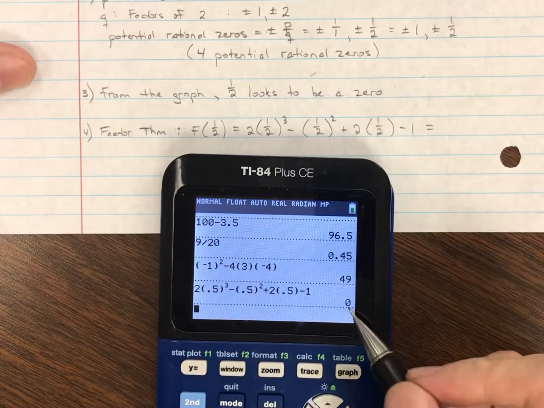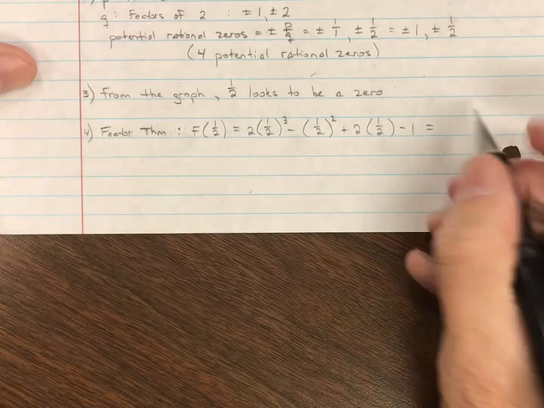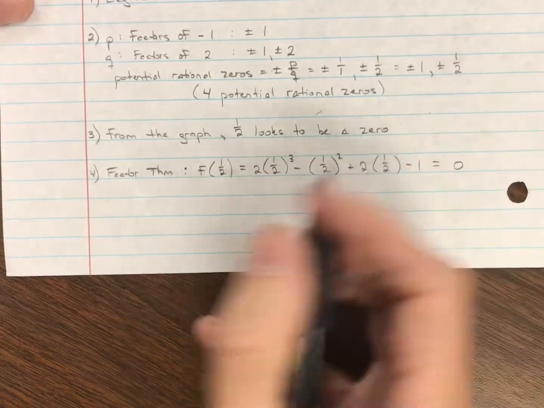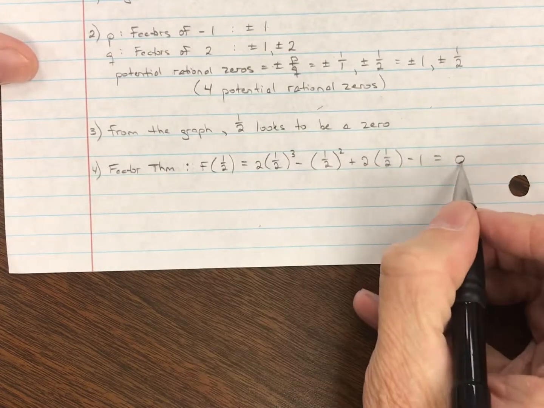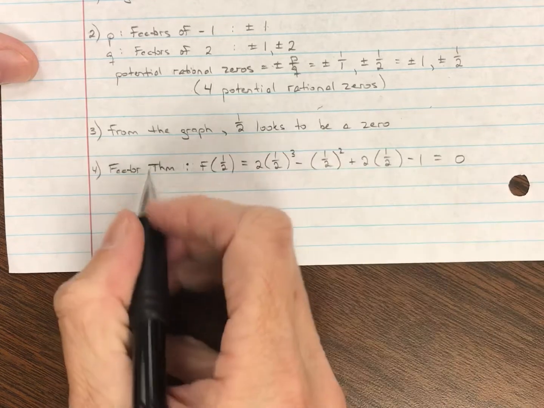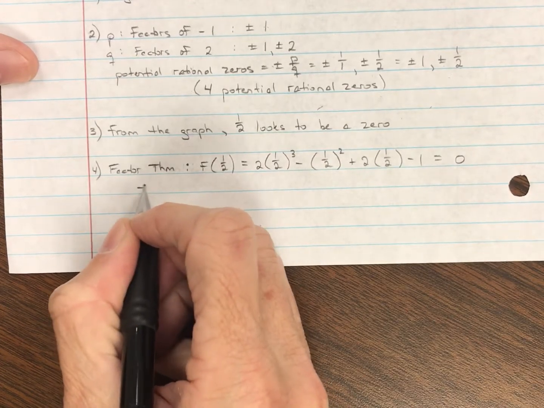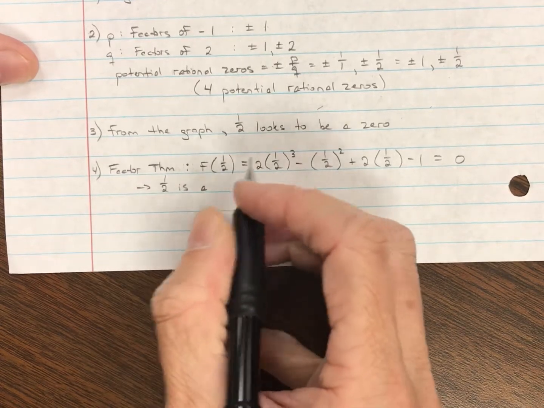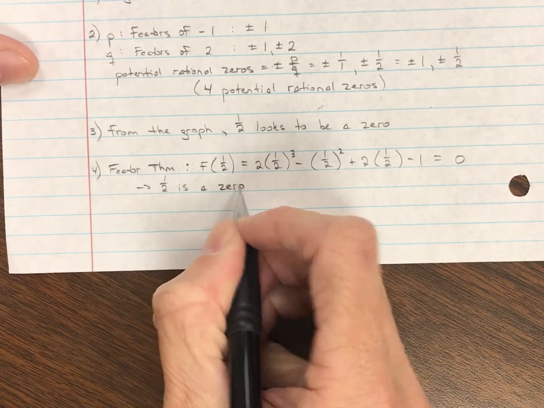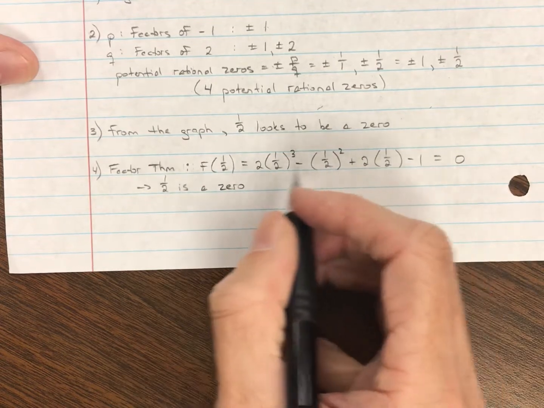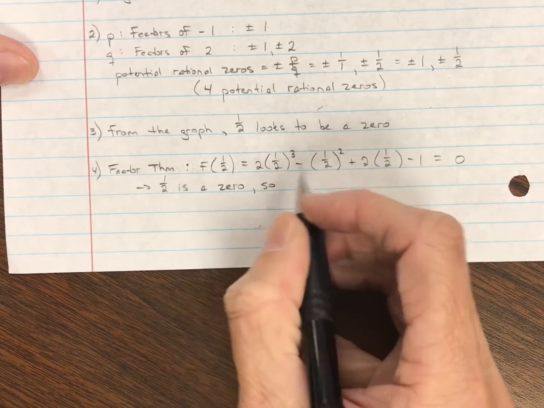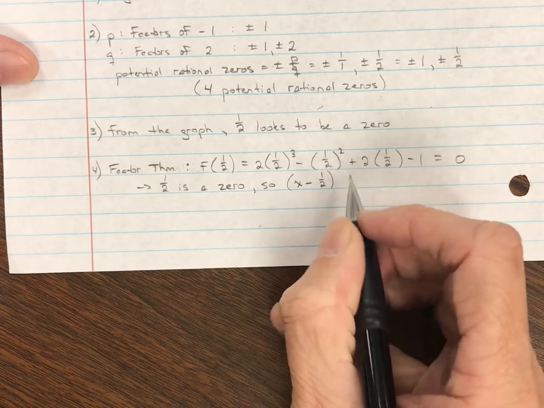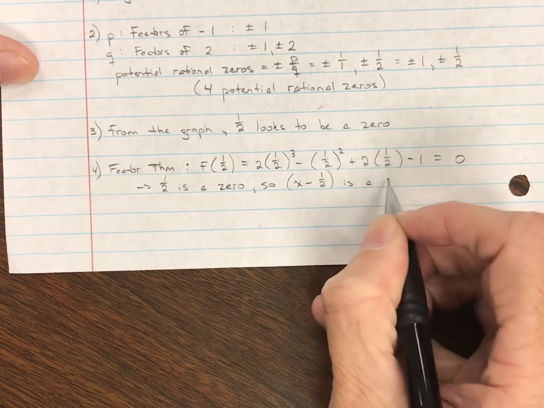Fingers crossed, I got a 0. That equals 0, which tells me that I have no remainder. So 1/2 is a zero because I wound up with no remainder using the factor theorem. So x minus 1/2 is a factor.